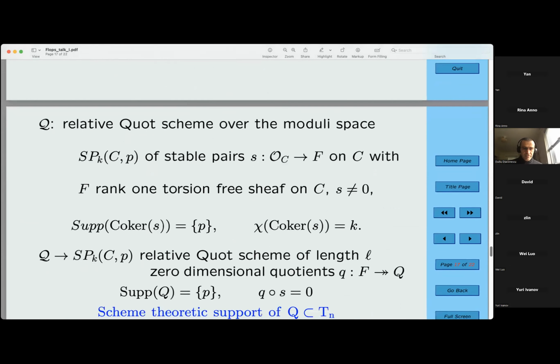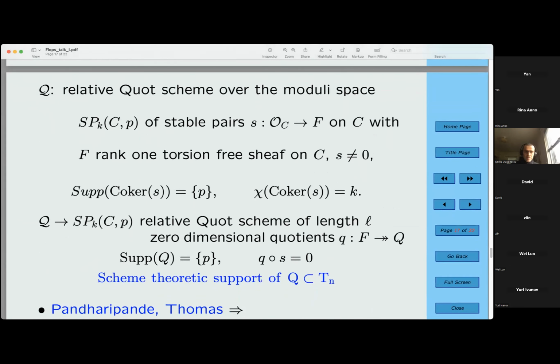So then we are constructing a relative Quot scheme. The third actor in this game is a relative Quot scheme over a moduli space of stable pairs on C. These are usual stable pairs, sections of rank 1 torsion-free sheaves with cokernel supported at P, set-theoretically, and of some fixed length. This is the kind of pair objects used by Pandharipande and Thomas.